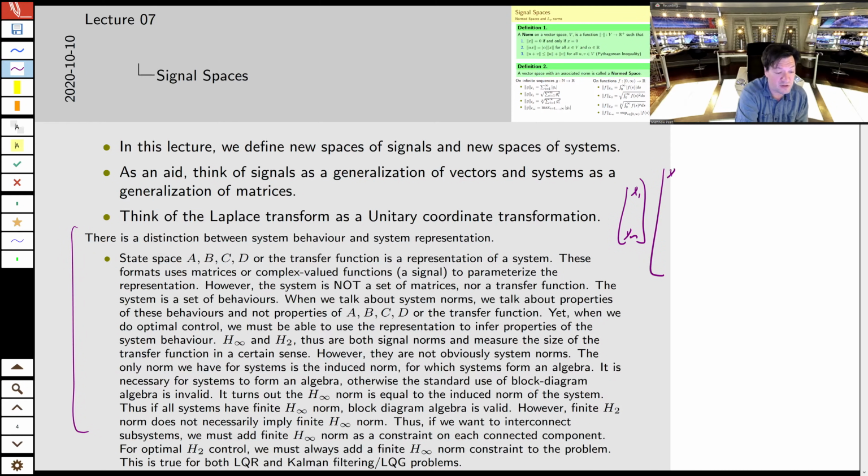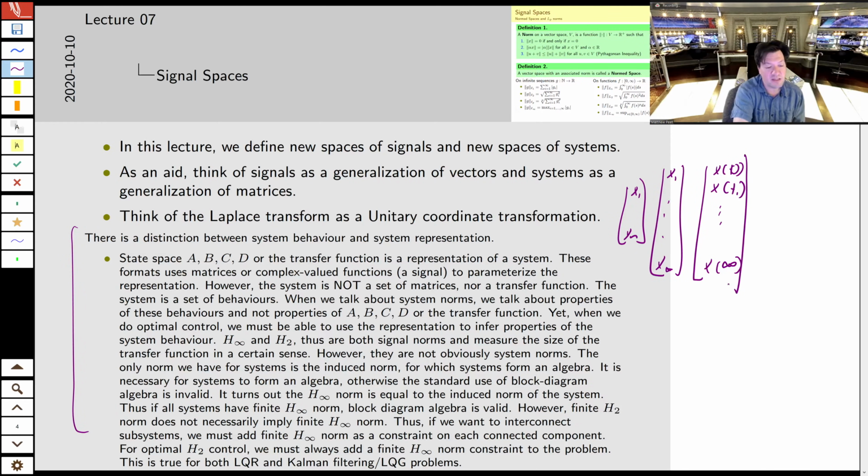So in little L2 norms, x1 down to x infinity, or in the continuous functions, we have x of 0, x of t1, down to x of infinity, right? So we can think of them as lists of values of the signal, right?